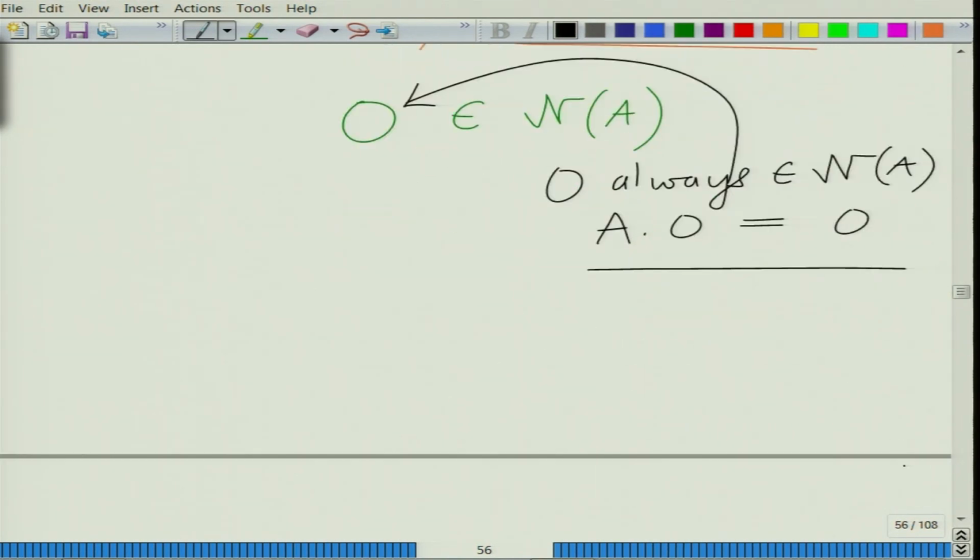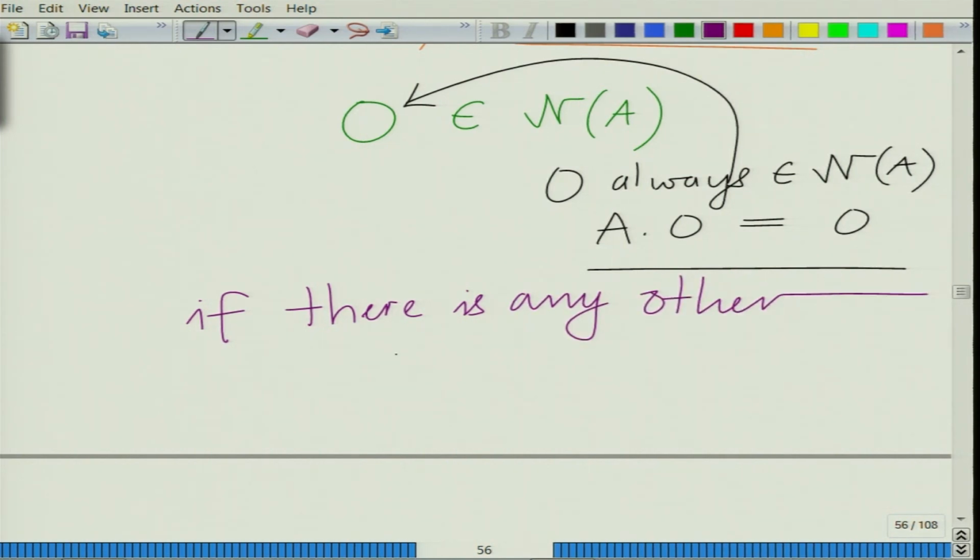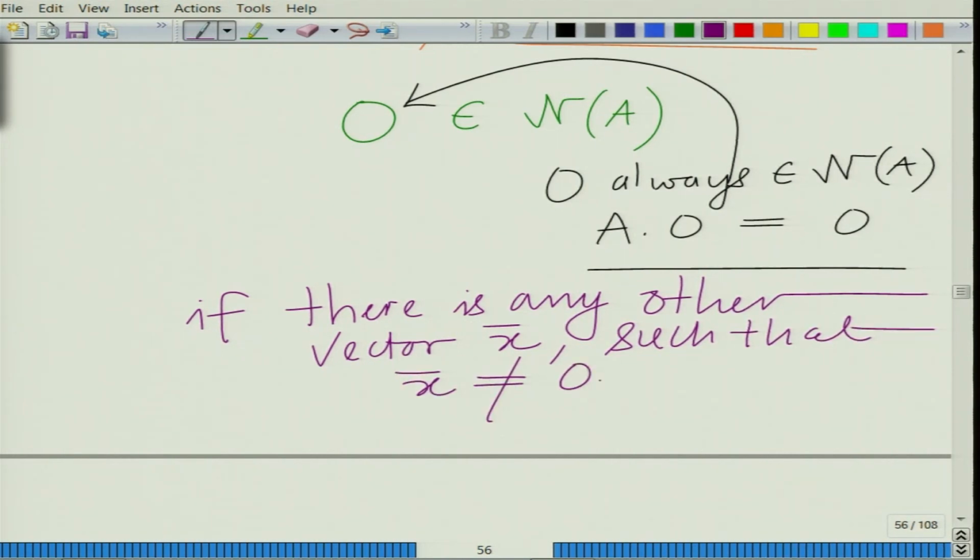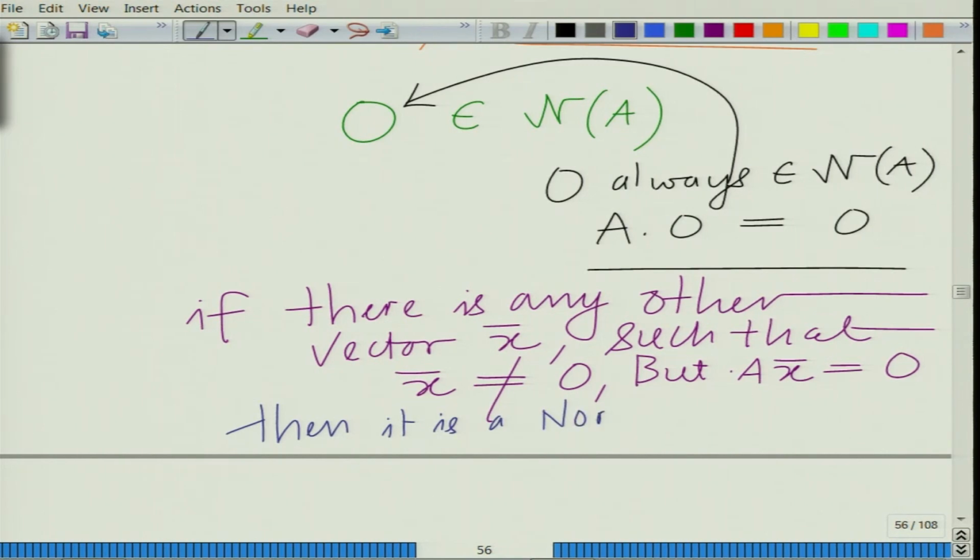Now, if there is any other vector x bar not equal to 0, but A x bar equal to 0, then we call it a non-trivial null space.